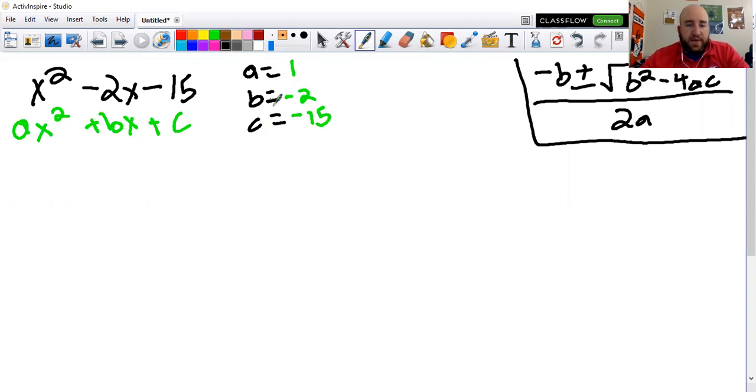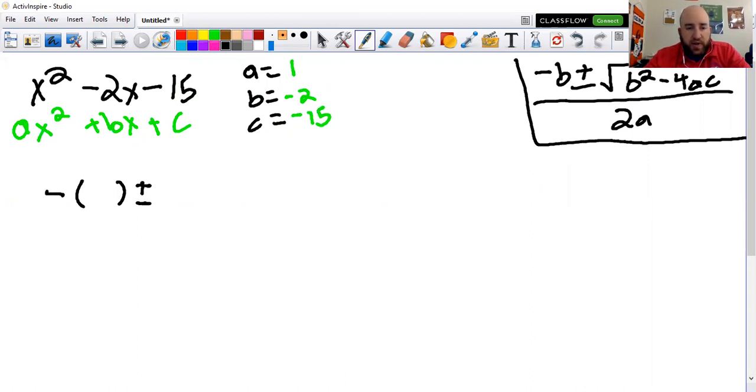So after I identify A, B, and C, we have to write our formula. But instead of the letters, I like to put parentheses, because I'm going to fill in the parentheses with the appropriate numbers that match the letters.